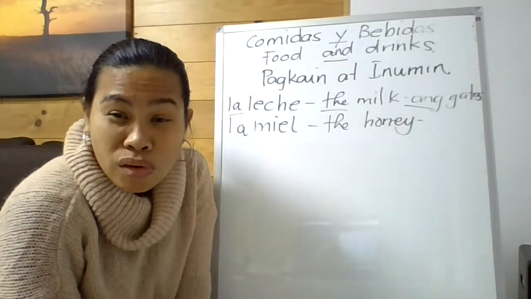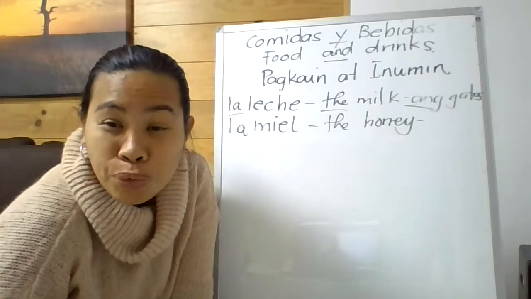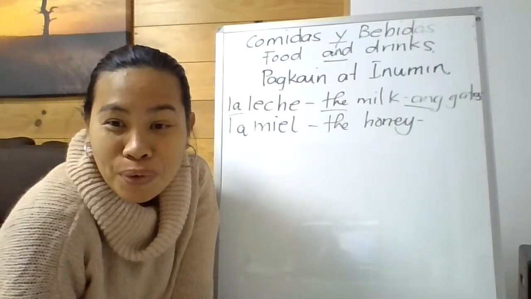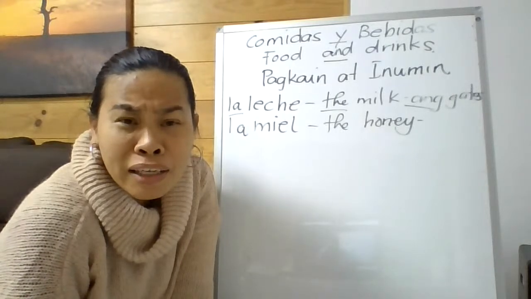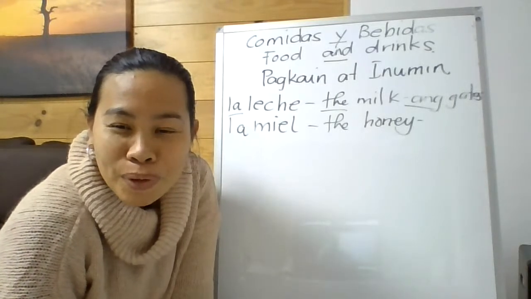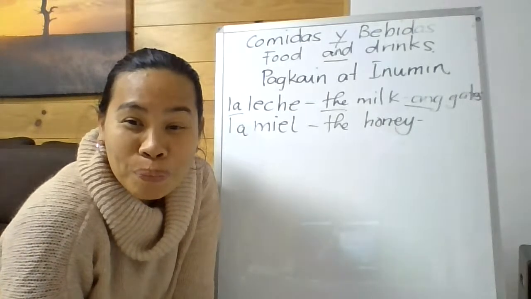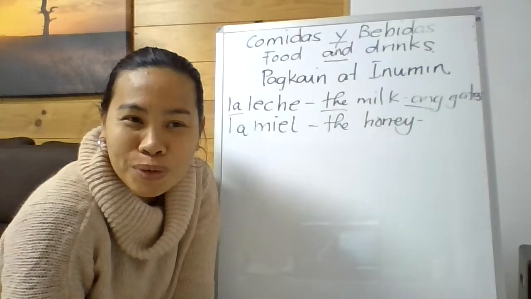Oo nga, no? Parang honey pa rin sa Tagalog. Pulot, pulot gata. Sa honeymoon. Pulot gata. Honeymoon. Pulot pukyutan. Ah! Ang lalim na Tagalog. Pulot pukyutan. Ay, salamat po. Ngayon ko lang yan narinig, pulot pukyutan.